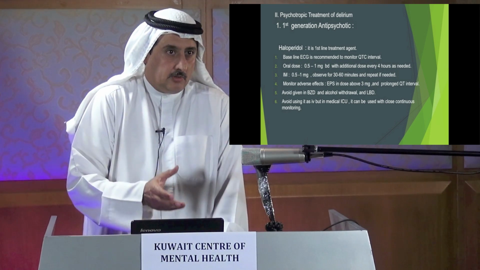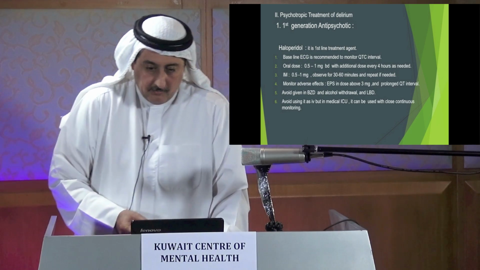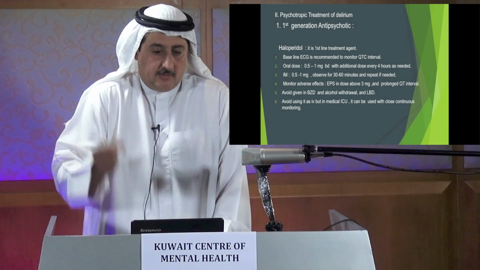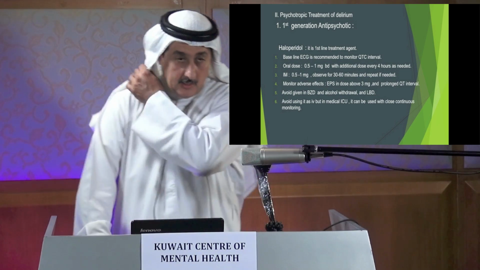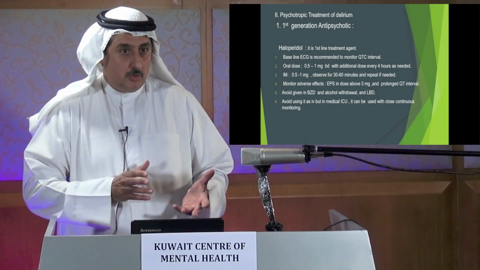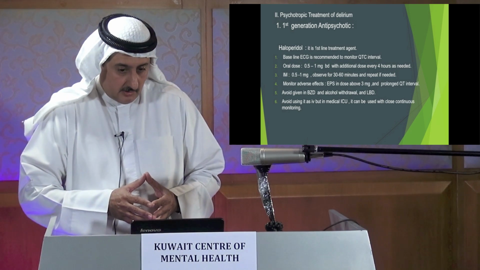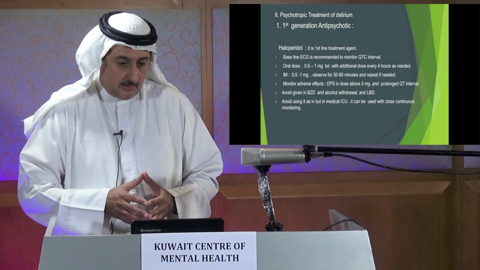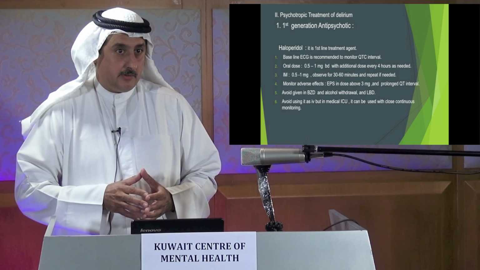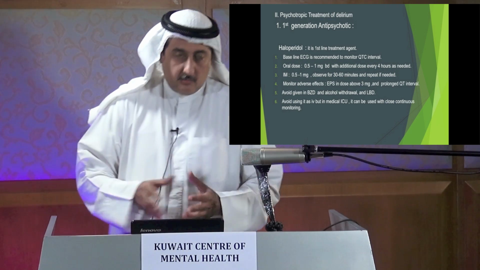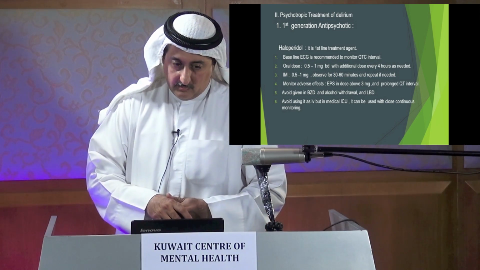We start with the oral dose, 0.5 to 1 milligram, and it can be every 4 hours to increase, 0.5 milligram. IM, it will be between 0.5 to 1 milligram, and observe every 60 minutes and repeat if needed. You monitor the adverse side effects, extrapyramidal side effects, and the prolonged QT interval.